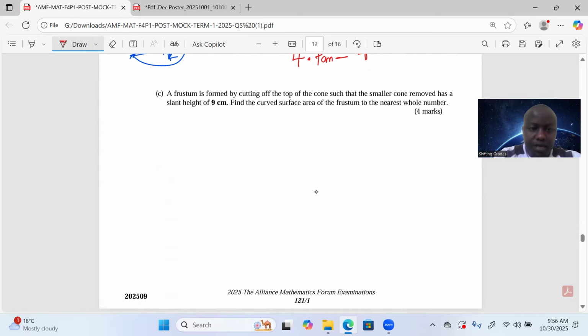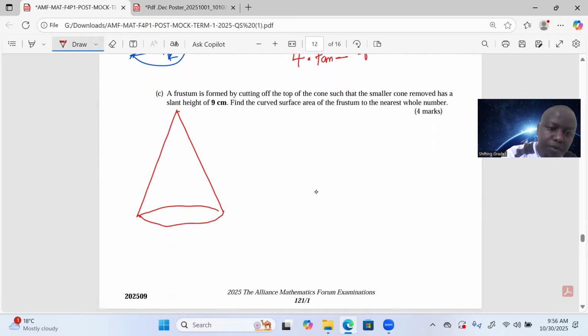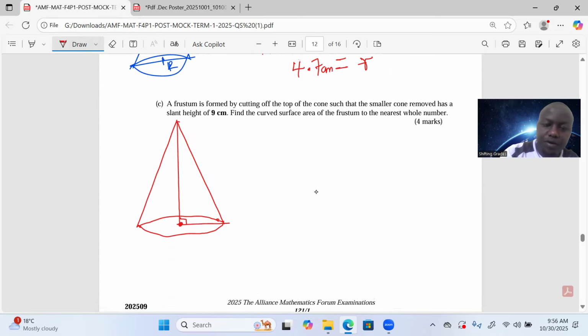Let me now draw the information about this cone, because more details are coming. So we are told it is cut at a plane which is perpendicular to the base.